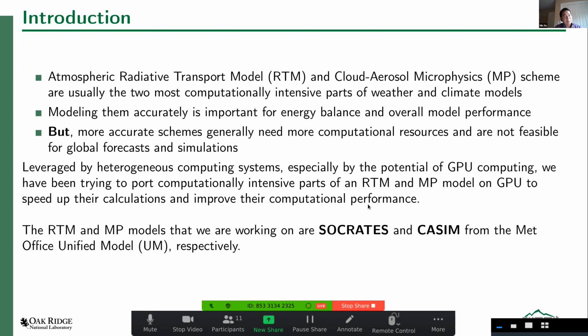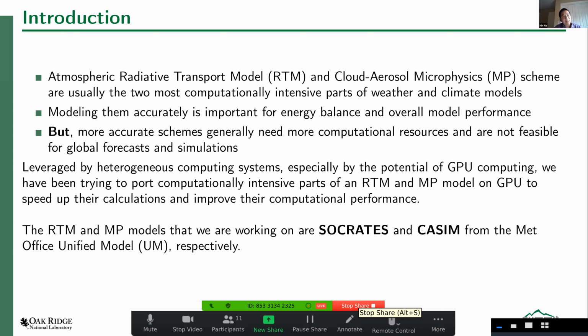Atmospheric radiative transfer models and cloud aerosol microphysics schemes are usually the two most computationally intensive parts of weather and climate models. Modeling them accurately is important for energy balance and overall model performance. But more accurate schemes generally need more computational resources and are not feasible for global forecasts and simulations.